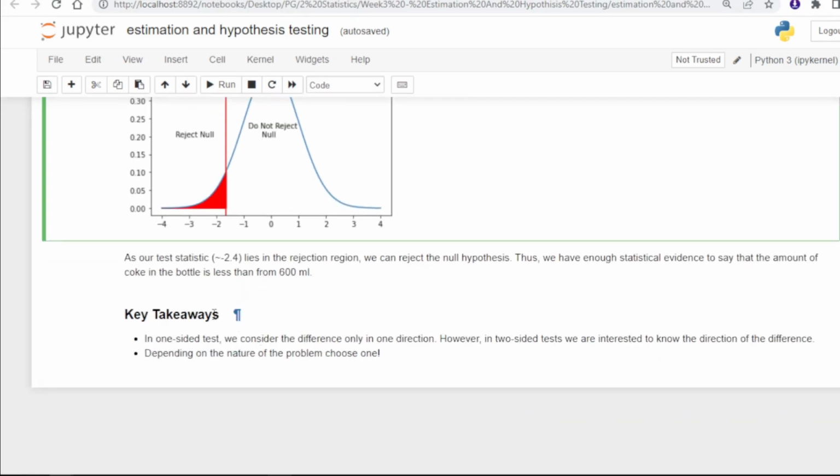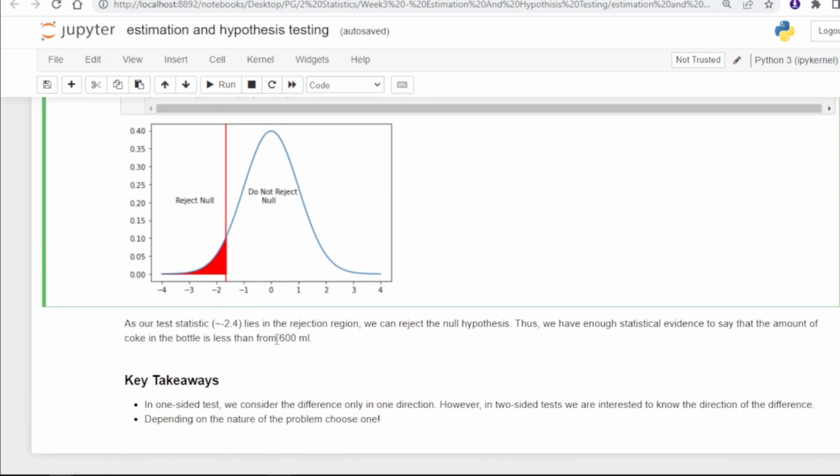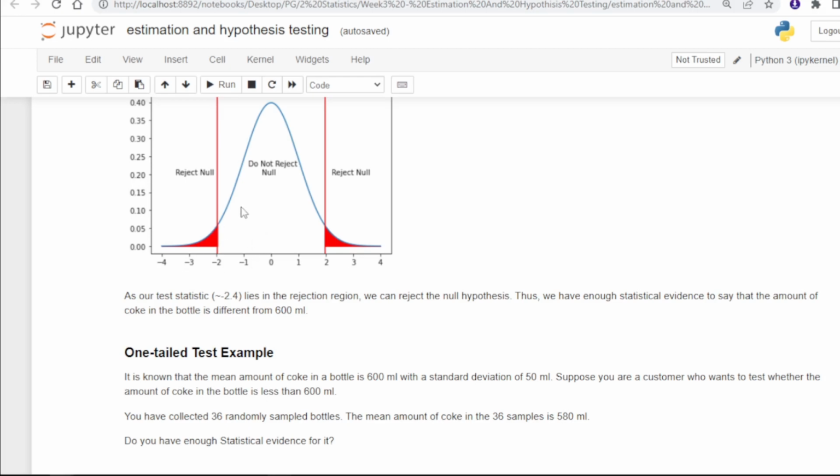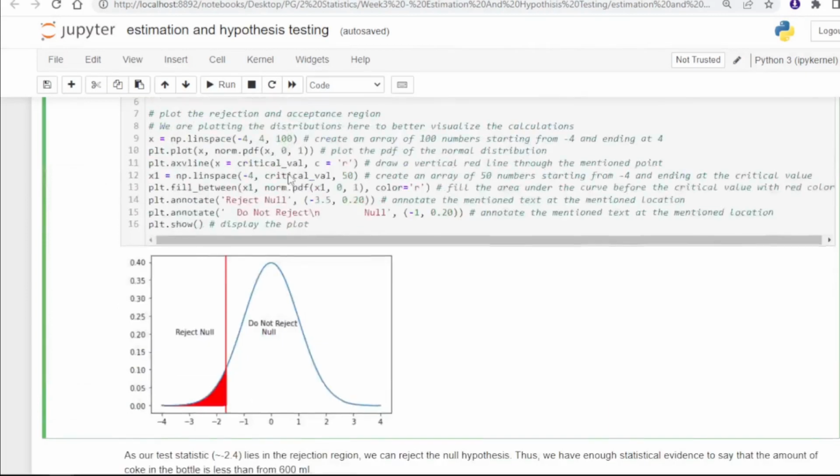Last but not least, our test statistic in this case lies in the rejection region, so we can reject the null hypothesis clearly, and thus we have enough statistical evidence to say that the amount of Coke in the bottle is less than 600. As you remember, in the two-tailed case we could also reject the null hypothesis because the statistic lies in the rejection region, and thus we have enough statistical evidence in that case also.